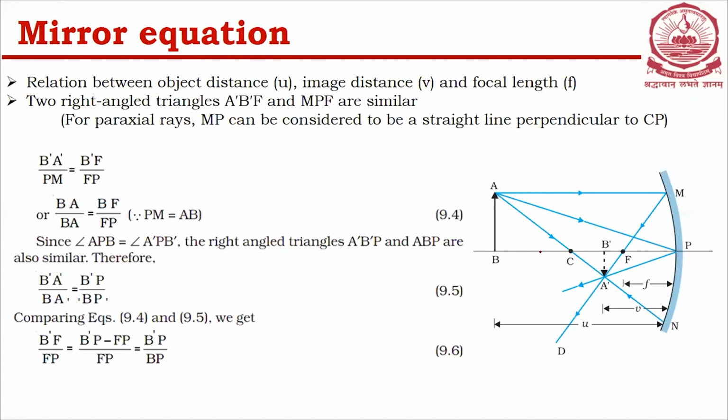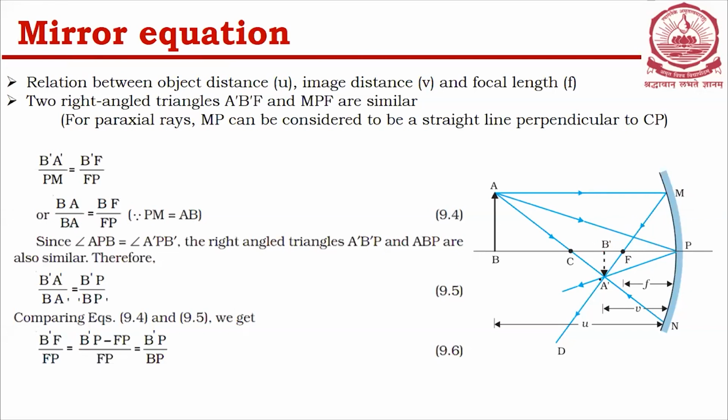So from similar triangles, you can take B dash A dash divided by PM. Where is PM? This PM. B dash A dash divided by PM, in a similar triangle, should be equal to B dash F divided by FP. Okay, this is possible when you have similar triangles.